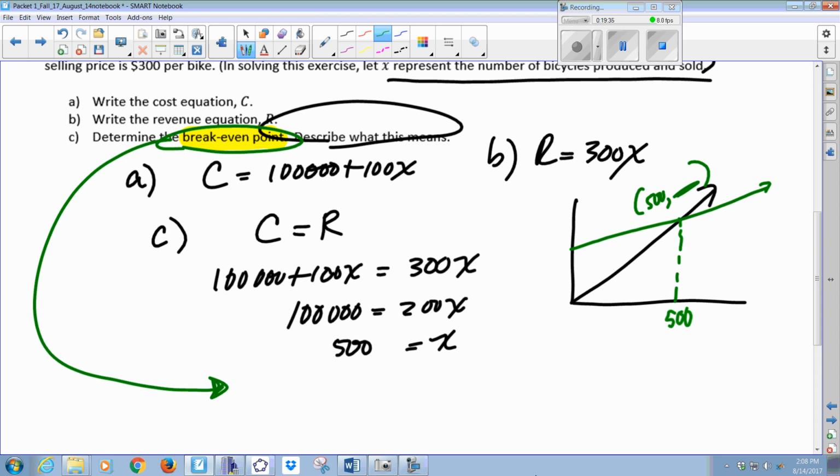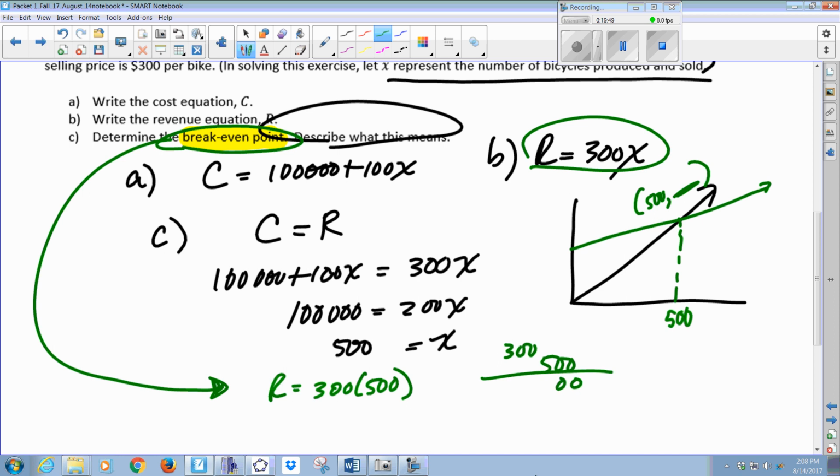So let's see, what is the total cost or what is the revenue? Well, I'm going to pick on the revenue equation because that's easier. 300 times x, in this case x is 500. So over here I do 500 times 300, which is $150,000.